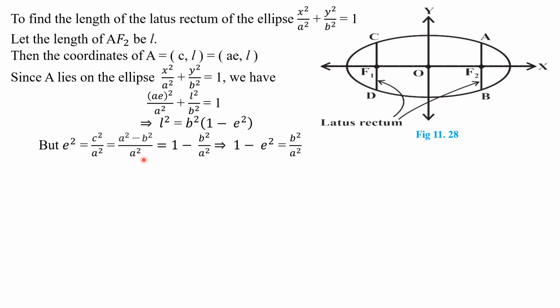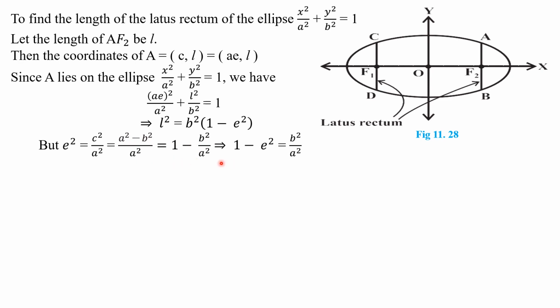Do you remember this formula, my children? So e square is equal to (a square minus b square) by a square. By splitting this fraction into two fractions, we get 1 minus b square by a square. Understood this step?